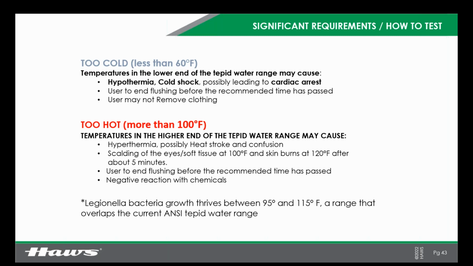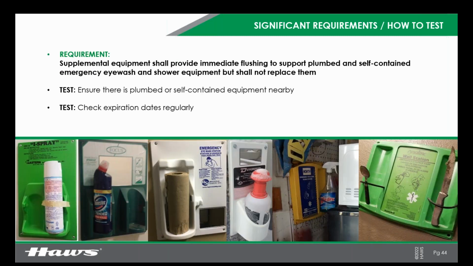So you're not going to be able to stand in it. That's crazy. And also watch out for Legionella bacteria growth. It definitely thrives at much higher temperatures, just over 100 degrees Fahrenheit, and we want to watch out for creating that environment for things like Legionella.